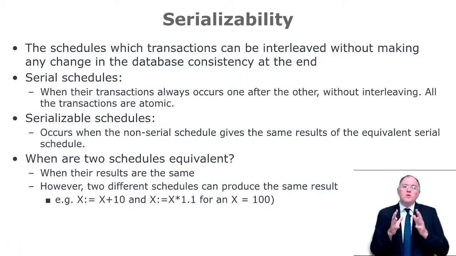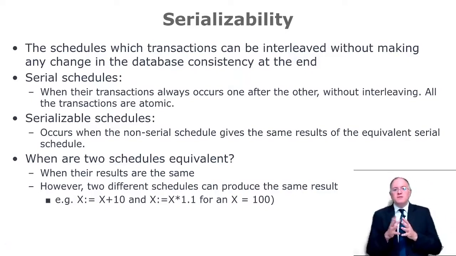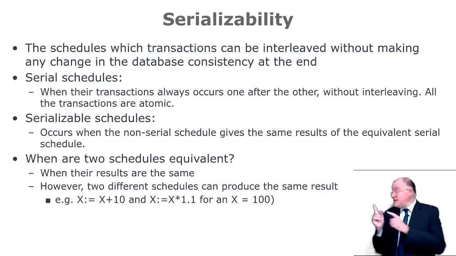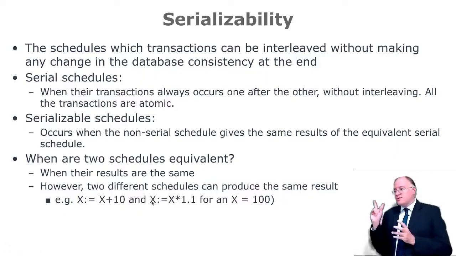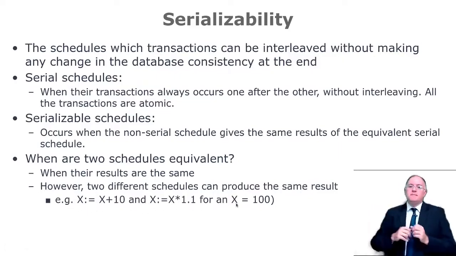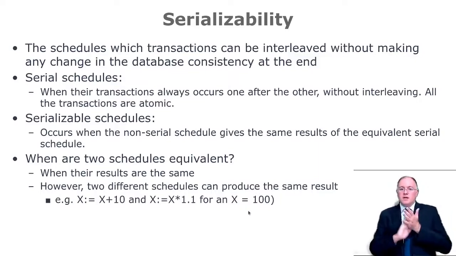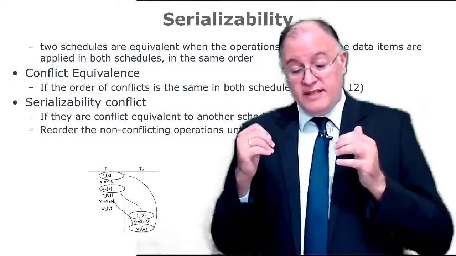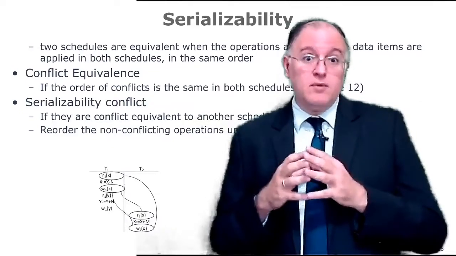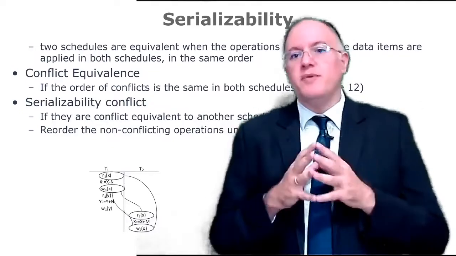But not all schedules that give the same result are equivalent, as we can see here in this example, two transactions with different operations that give the same answer. So it's important that two equivalent schedules have the same operations in their transactions. In that example, they were not the same operations.